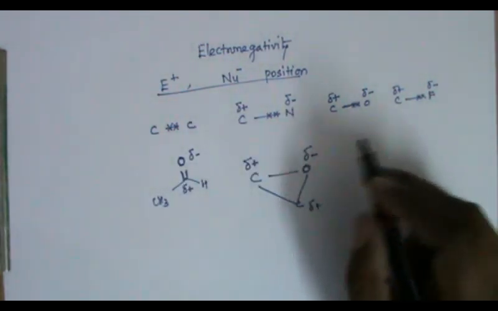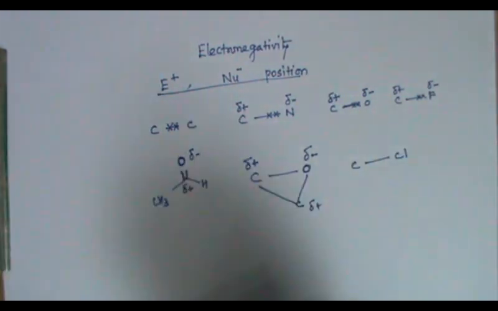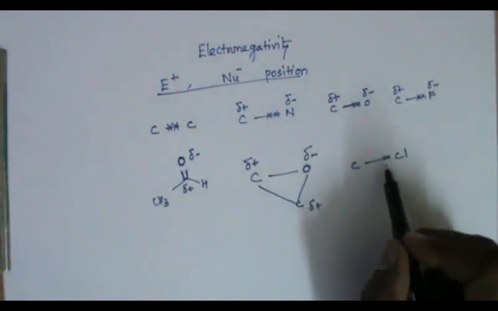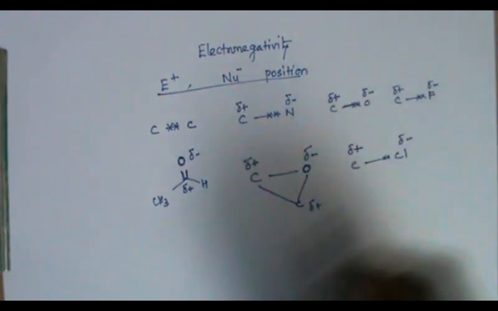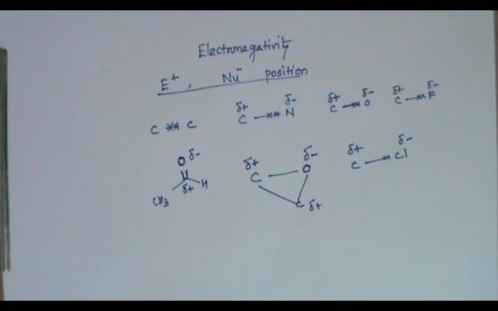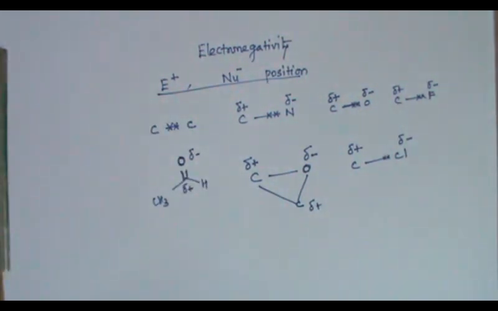Similarly, C-N you can compare, and C-X, C-Cl. The bond pair is here, so we get del minus and del plus. So basically, the electrophilic position and the nucleophilic position, that is del minus, is because of electronegativity.